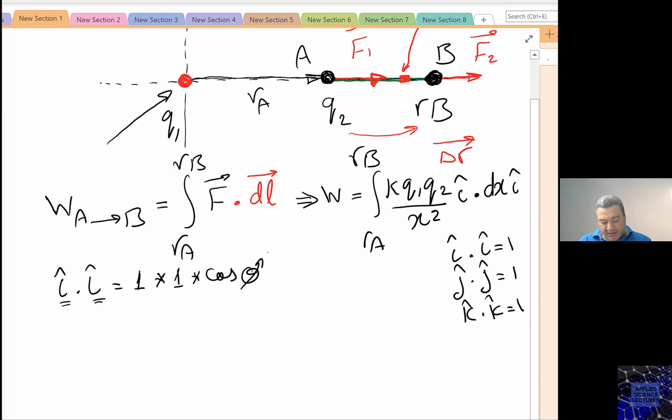Here the angle is 0, and this makes the cosine equal to 1, and so the answer is 1.